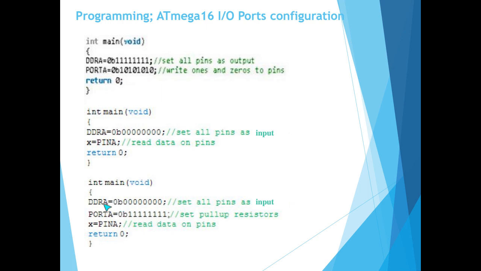Because the port pins are configured as input, writing 1 for each of these pins means that the pull-up resistor is activated, and x is equal to PINA. Because DDRA is set as input, we can read its data by using this code, and return 0.